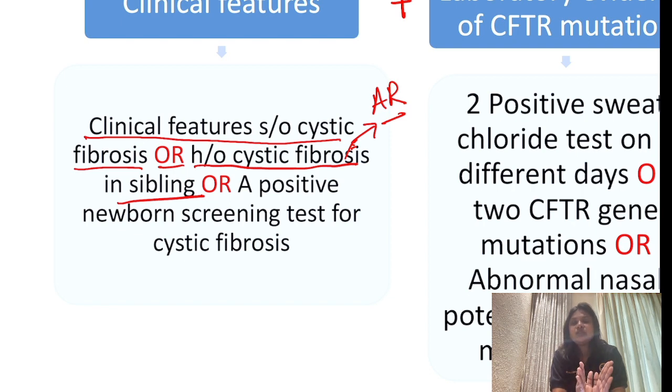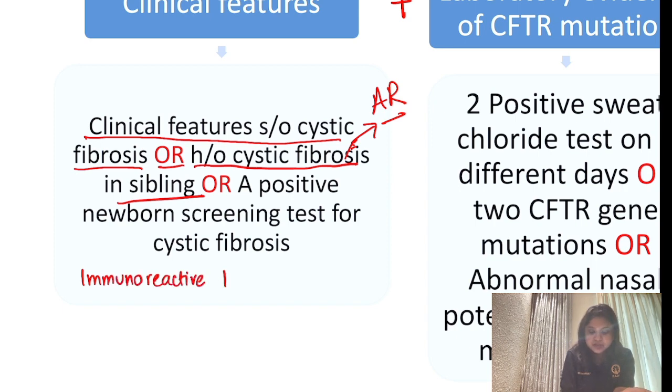Next, a positive newborn screening test for cystic fibrosis. So what is the newborn screening test that you do for cystic fibrosis? I already did one screening test, that is the screening test for congenital hypothyroidism. Now next is the second screening test, for cystic fibrosis. What is the positive newborn screening test? That is immunoreactive trypsinogen assay plus limited DNA testing.